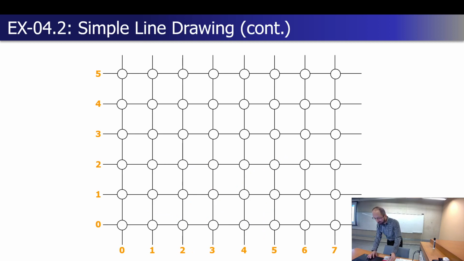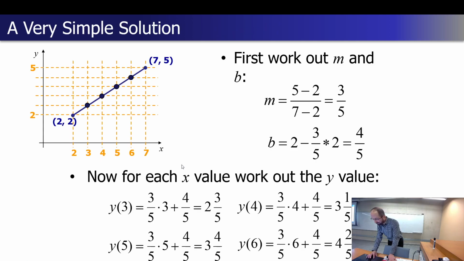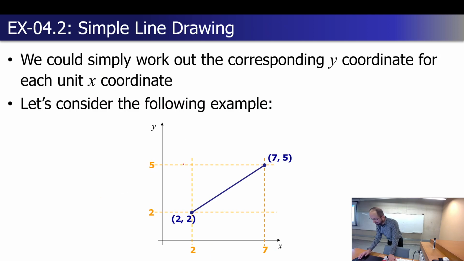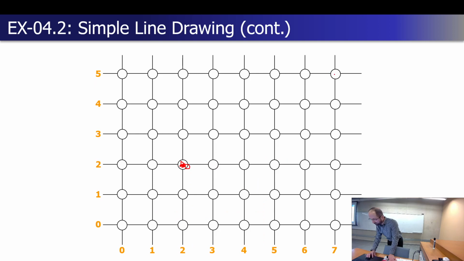Let's see if I can get the little pencil here. We'll do this the best we can. We know we have (2, 2). It's going to be red. And we know our other point was (7, 5).